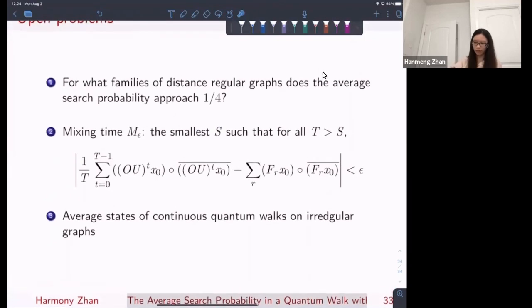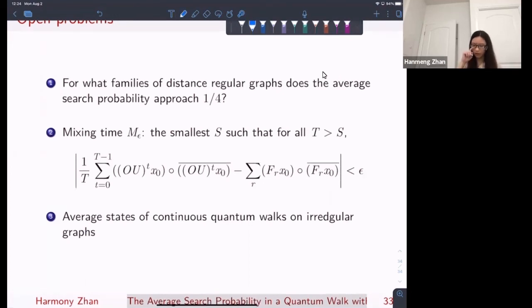And finally, I want to talk a little bit about the average state of continuous quantum walks. Although this has been studied a lot, people haven't really been looking at irregular graphs. And here's what I think the connection will be.